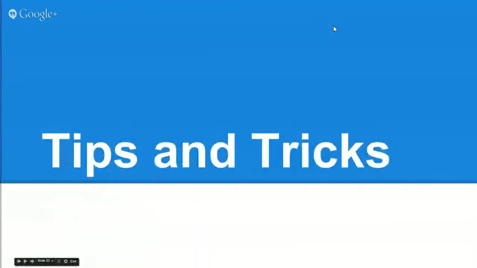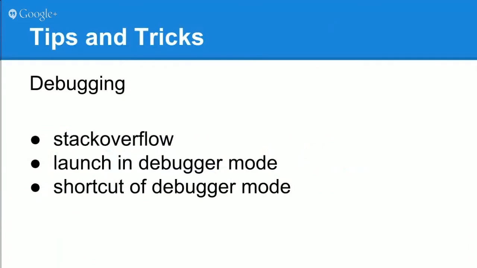Okay, so now is the tips and tricks. This part is the most important, I believe: debugging. When you want to debug, I'll show you some tricks on how to debug using Android Studio. And Stack Overflow, if you know about it, is the place where you can find answers to almost all the errors that you will face inside Android Studio.